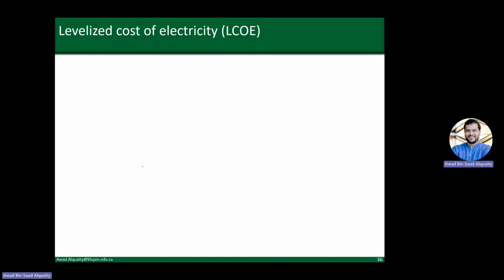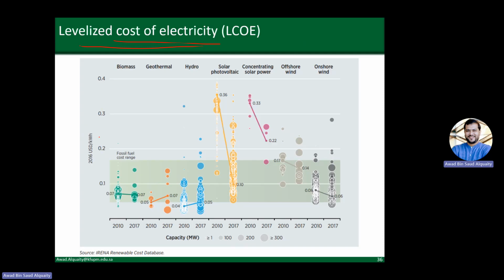Now, ultimately, when we talk about different energy conversion sources, the bottom line is how much money does it cost to operate such an energy conversion system over its entire life cycle. And the levelized cost of electricity gives us a very good estimate of the lifetime cost of different energy conversion sources. So this is a plot of the dollars per kilowatt hour for different technologies.